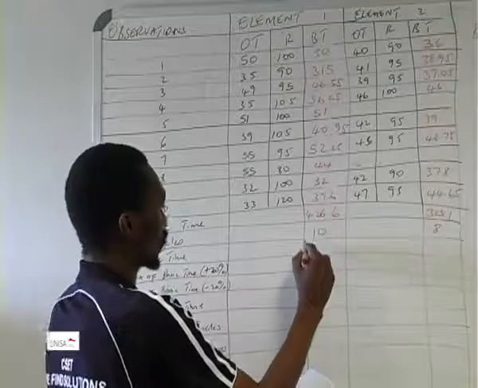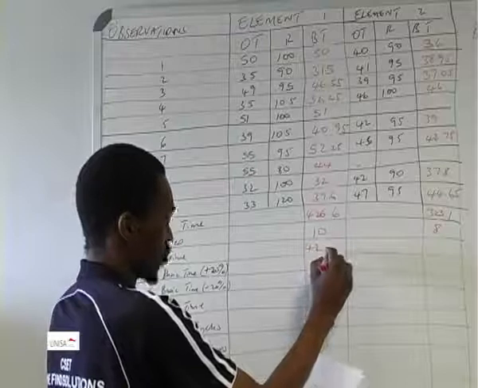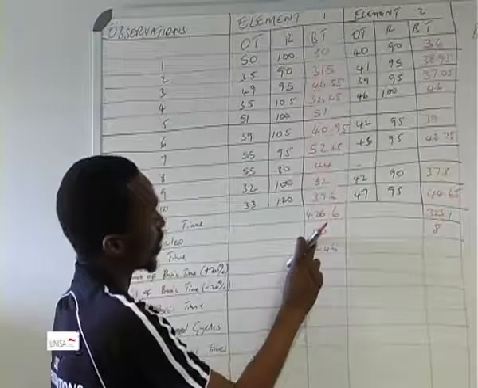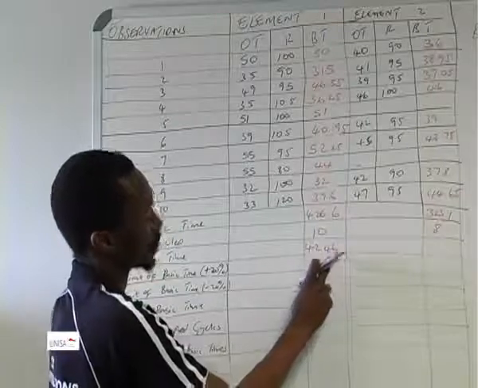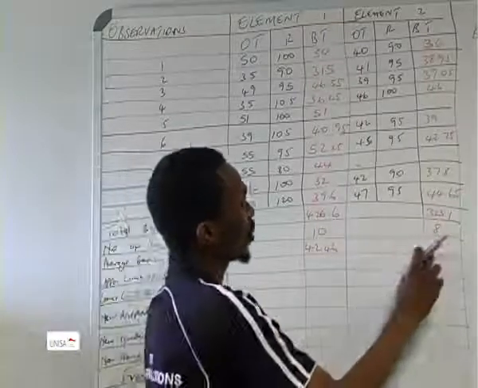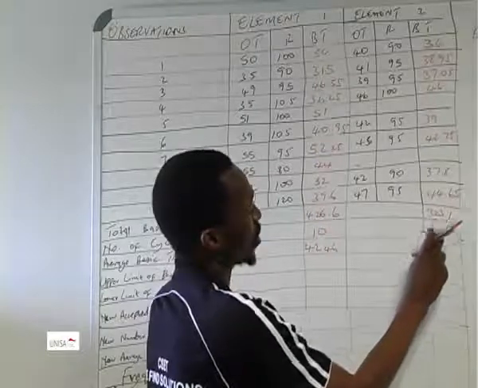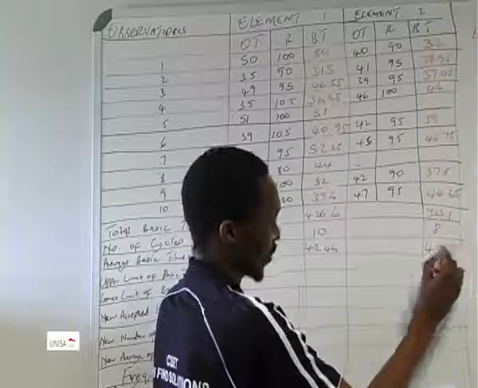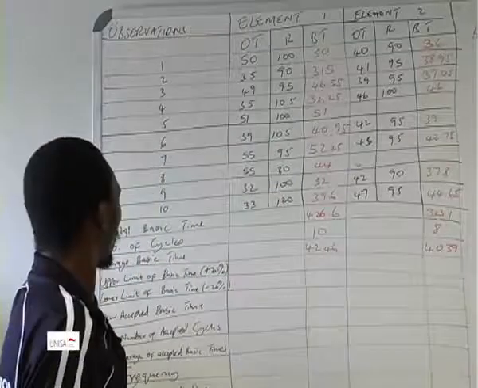So it's 426.6 divided by 10, which is 42.66. So you do the same for element 2. You divide 323.1 by 8 to get 40.39.